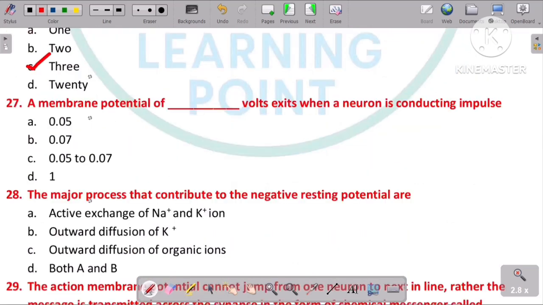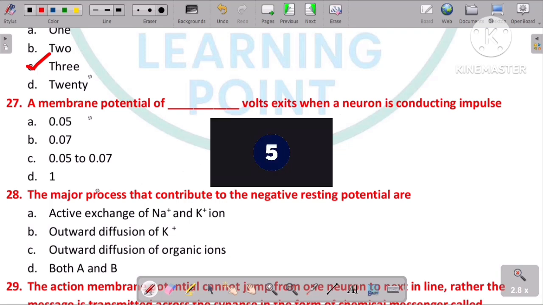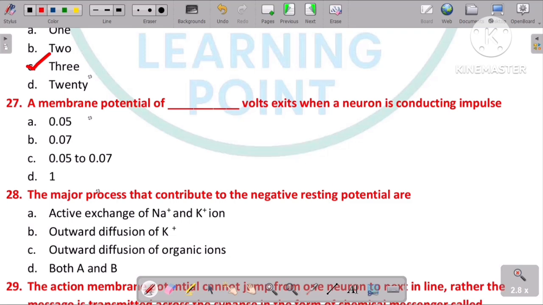So the next question is: a membrane potential of dash volt exists when a neuron is conducting an impulse. So the right answer is option B, 0.07.